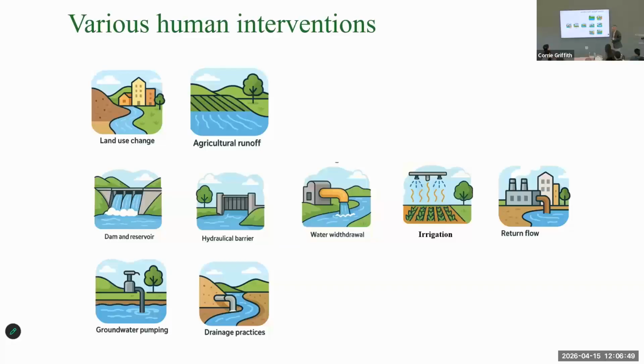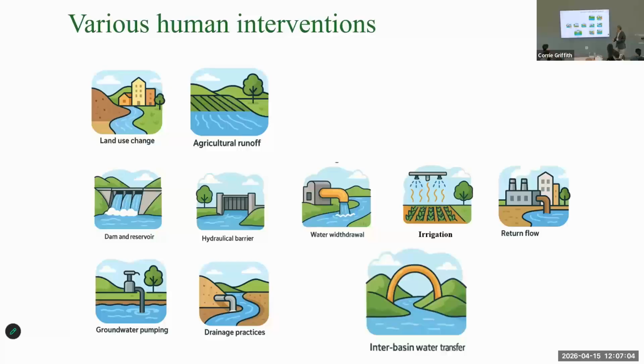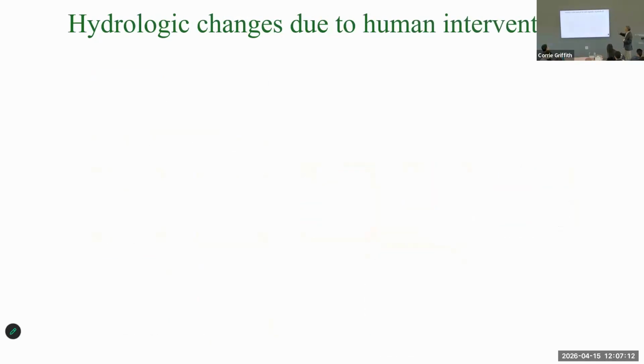Water withdrawal, of course, irrigation, right? And also return flow from industry or from irrigation, groundwater pumping, and drainage practices, especially in the Midwest, where they have a lot of tile drainage systems. And one more is the interbasin water transfers, that's also highlighted on the USGS platform. Then we have many observed hydrological changes due to different types of interventions.